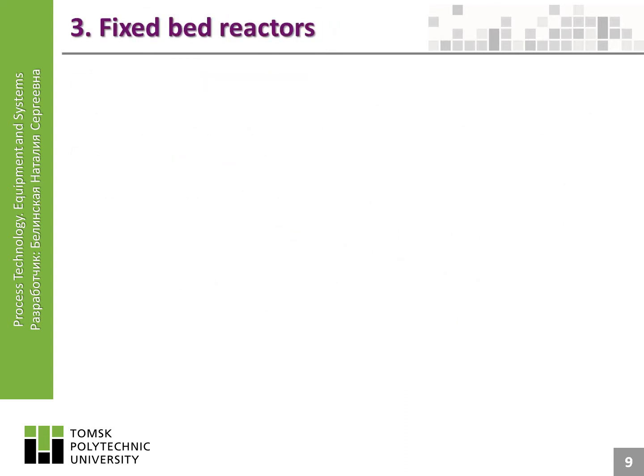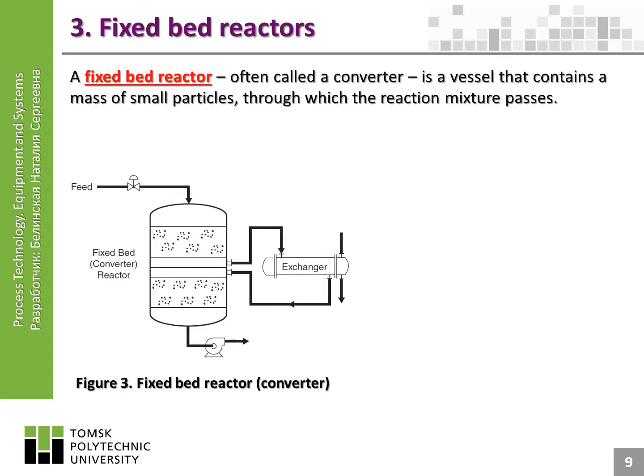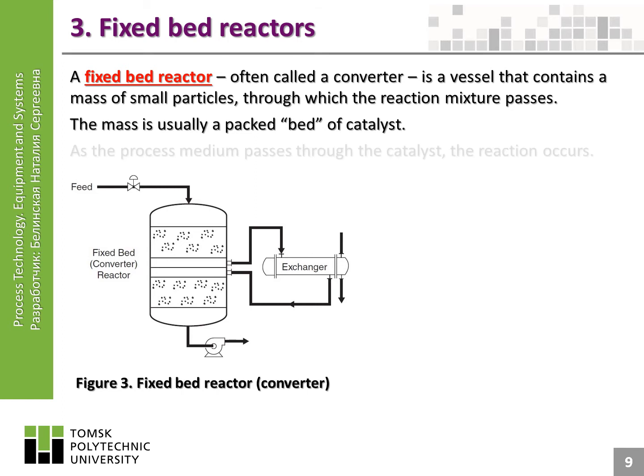Fixed-bed reactors. A fixed-bed reactor, often called a converter, is a vessel that contains a mass of small particles, through which the reaction mixture passes. The mass is usually a packed bed of catalyst. As the process medium passes through the catalyst, the reaction occurs.